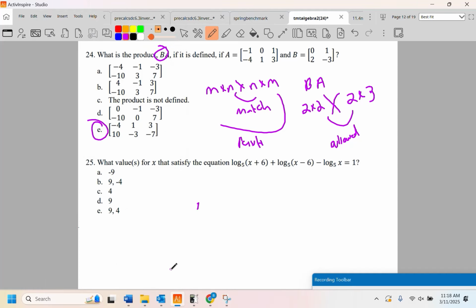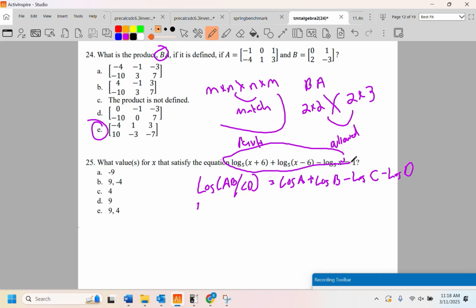Choice E. What values for x satisfy the equation log base 5 of x plus 6 plus log base 5 of x minus 6 minus log base 5 of x equals 1? So, since old school is important, I know that a log of AB over CD is log A plus log B minus log C minus log D. I'm going to take these things right here and condense.